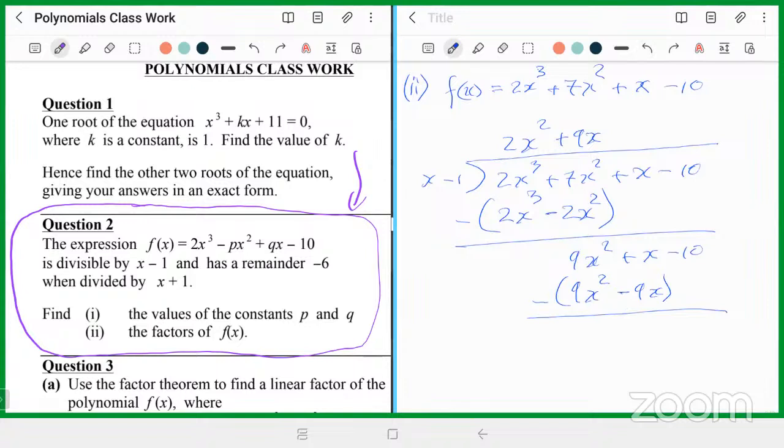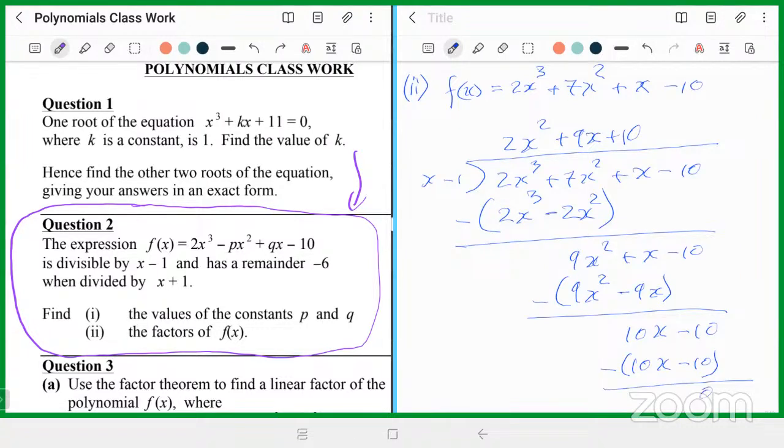The positive 9x plus x gives me positive 10x. And then this minus 10 comes back. Then it's this negative 10 divided by the x. That's going to give me plus 10. And then it's 10 times these, giving 10x minus 10. When you subtract that, the remainder is 0.